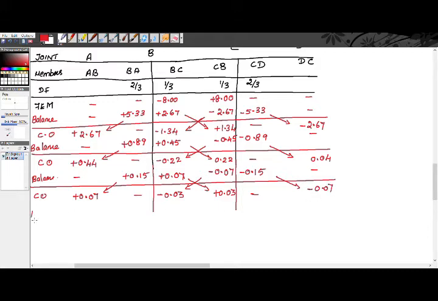Now the last step, since it is fixed supports everywhere, we balance and carry over. We will stop with this step. Last step, when it is fixed support, you should balance and carry over, and then you have to stop. So balancing, what you get?